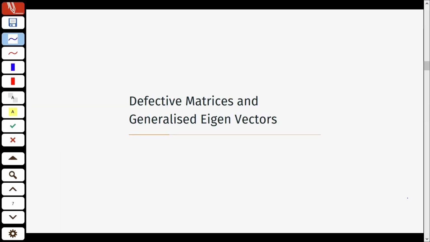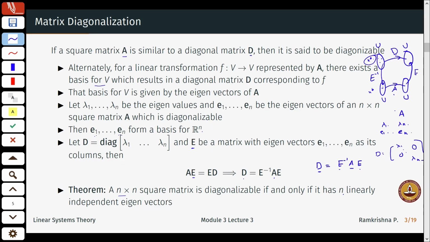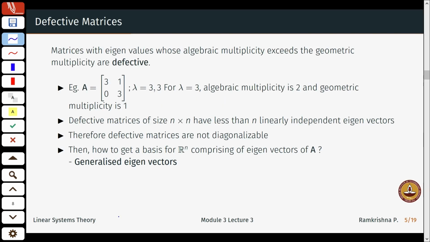So this statement was crucial, right? That it actually needs n independent eigenvectors. Okay. What if that does not happen?